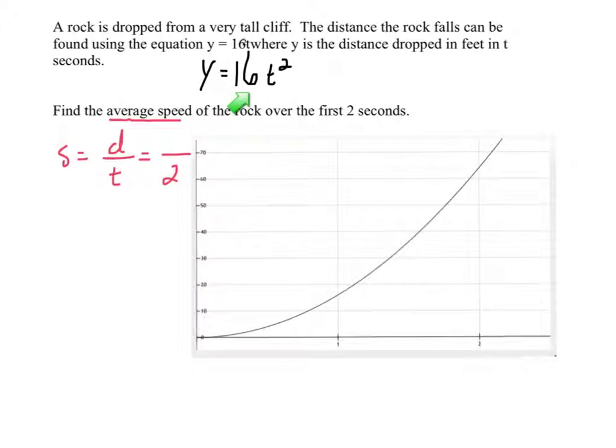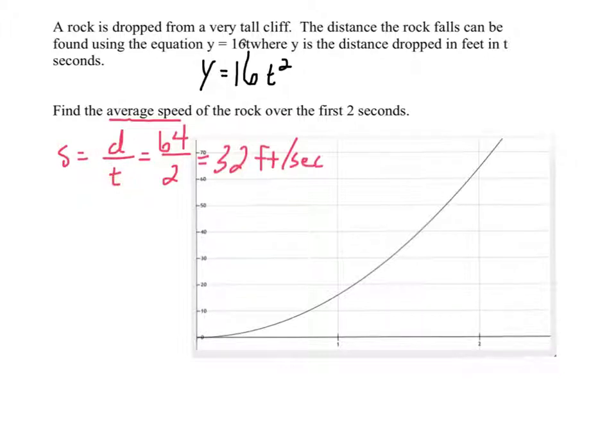It traveled 64 feet. So its average speed was 32 feet per second. And that label comes simply from your equation. Distance is feet, time is in seconds, so it's feet per second.